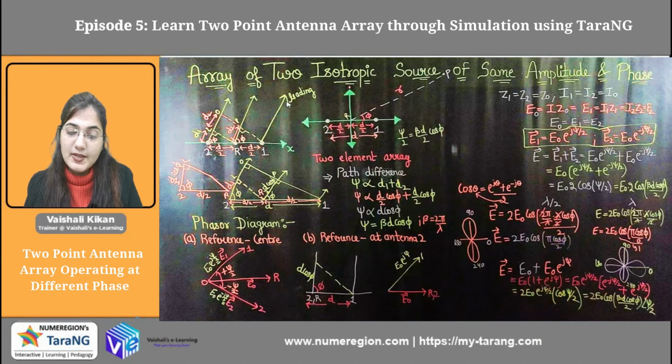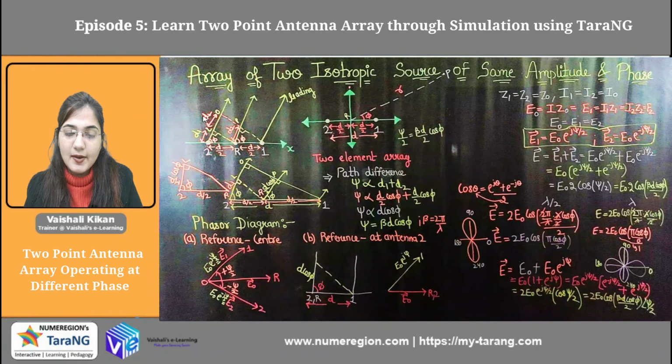The point P is making angle phi. If I observe this triangle in a bigger dimension, I will be having R and antenna 2 separated by d by 2 distance, and this is the angle phi, so if I have the 90 degree angle here, this distance would be d by 2 cos of phi, right? Similarly, I will be having the d1 distance to be d by 2 cos of phi, and similarly the d2 distance will be equal to d by 2 cos of phi.